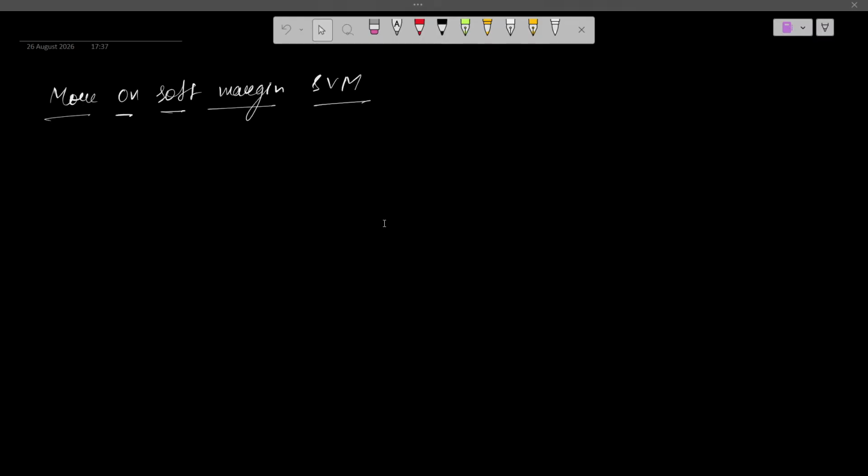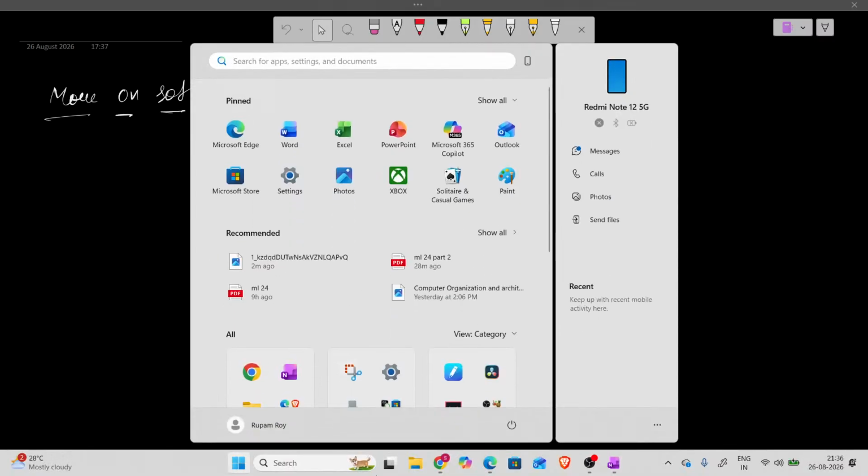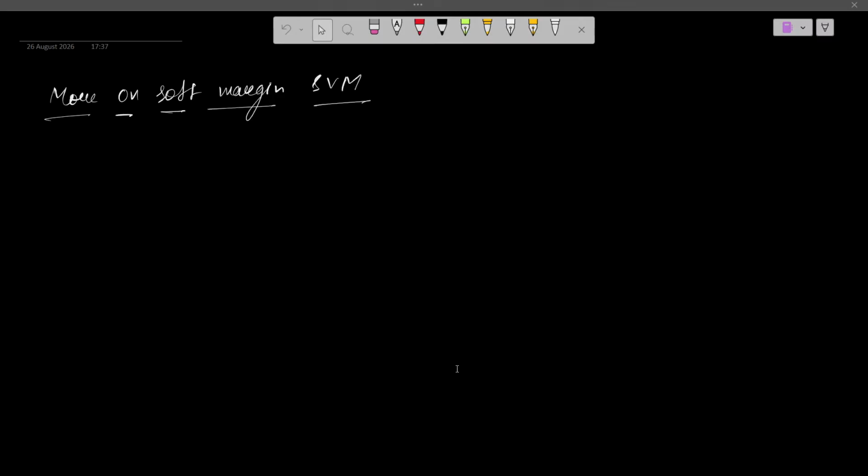Okay, so let's learn soft margin SVM today.